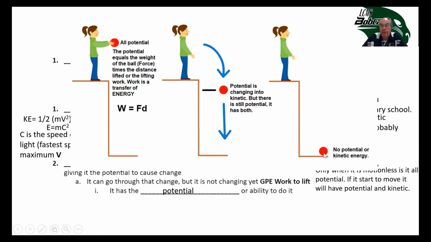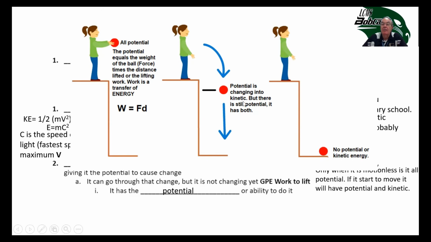So when it was on the floor, it had no potential or kinetic energy. Then she did the work to lift it up to this position, and she added that amount of energy to it. During the time it was falling, some of the potential energy was going back to kinetic energy, but it has both at every position as it falls, because it still has the potential to fall further to the ground, but it is also moving.